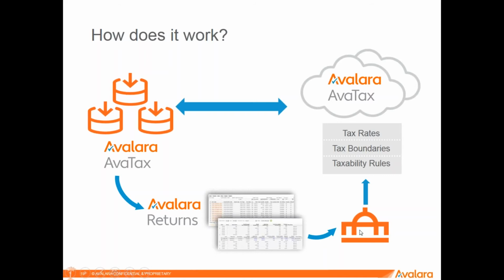At the end of the day you can either file the returns on your own or you can hire Avalara to file those returns for you. That data is stored back into your admin console, into your cloud solution for Avalara, and you have access to that data in real time. So if you get an audit, whatever the case may be, you've got it at your fingertips.